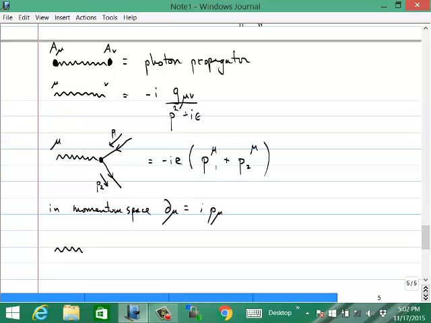So, for example, if you had oriented your charge flow arrows slightly differently, or your momentum flow arrows slightly differently, so that they were pointed all to the right instead of arranged in the way that I've done in this diagram here, you would get a factor of minus ie times minus P1 mu plus P2 mu.